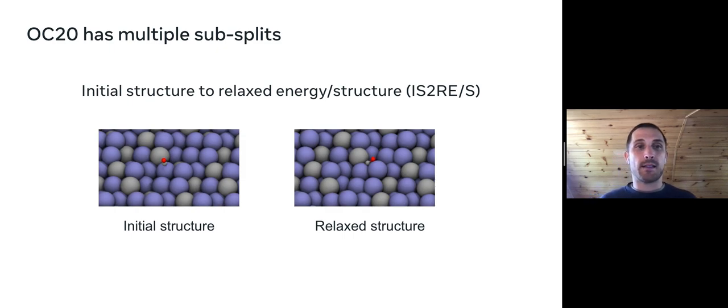A second subsplit, or second task, is the initial structure to relaxed energy, or initial structure to relaxed structure. And in this data, we have just the initial structure, the relaxed structure, and the relaxed energy label.